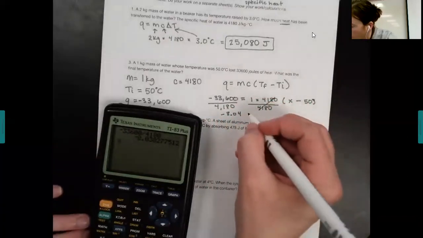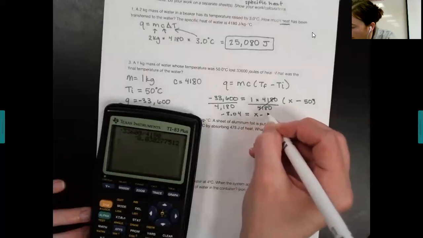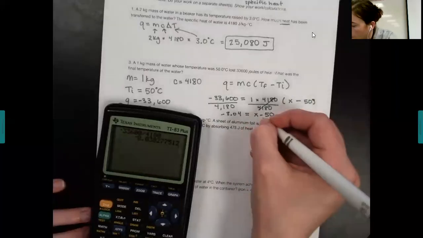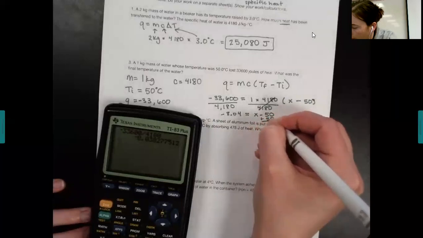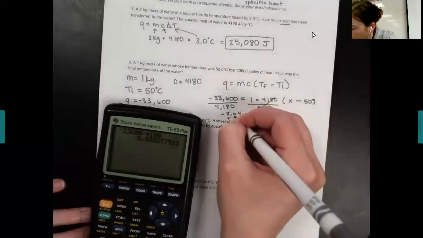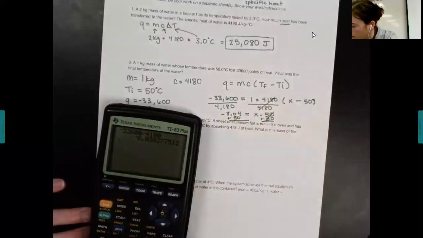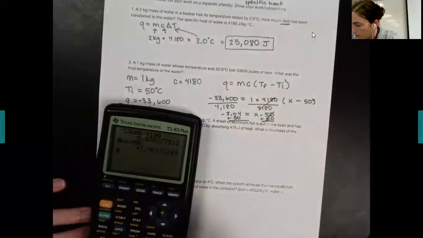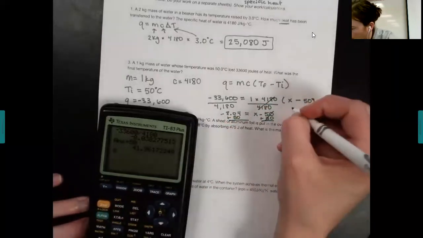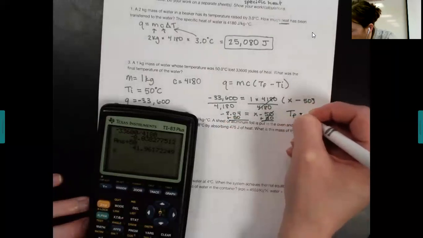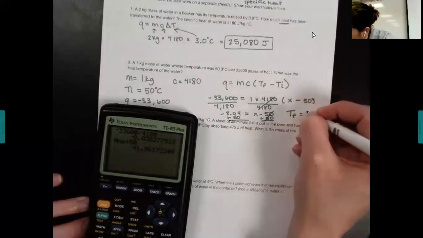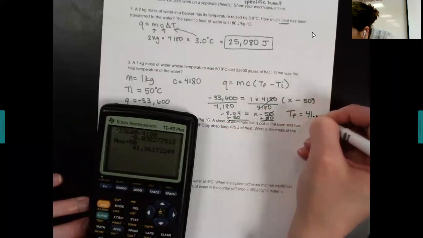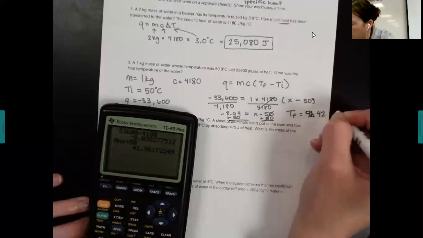Sorry, I didn't do a good job spacing my writing, but that's going to be equal to x minus 50. So now I'm going to add 50 to each side. So plus 50 to this number. Okay, and that's going to give me a final temperature of 41.96, we'll round that to 42 and just leave it at the whole number 42 degrees Celsius.